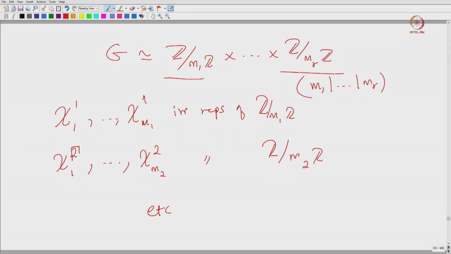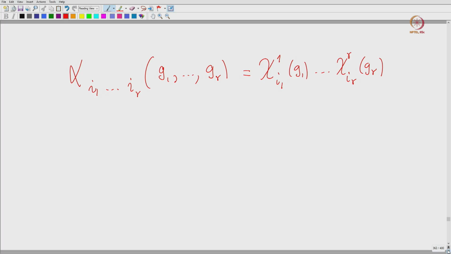The powers indicate which group we are talking about, the first group or the second group, and these indices represent what representation we are taking in that particular group. So in particular, when you take in the first group the i1 character and then in the rth group the ir character, the product of them is going to give you the complete list.